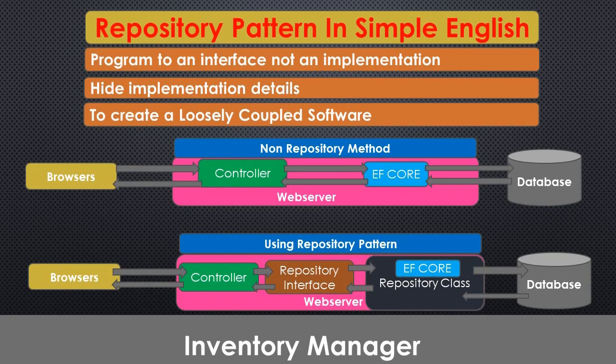In the second diagram, which uses the repository pattern, notice the repository interface between the repository class and the controller. Let's discuss the same cases now. In the first case, if you want to make some changes in the user interface layer, go ahead and do it because you might not even have access to the repository code.